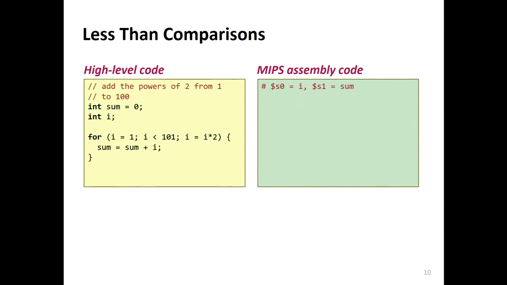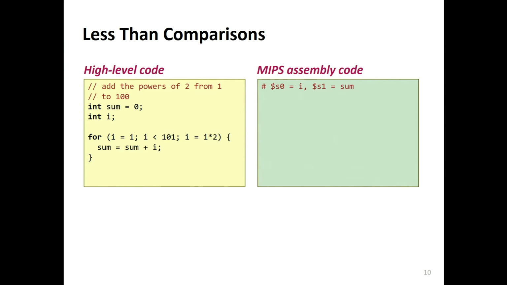So this is the high-level code for another for loop. We're instantiating sum, 0, I, and we want to add the powers of 2 from 1 to 100. This means that at every for loop body, we're going to multiply I by 2 because we want powers of 2. And I starts with 1.